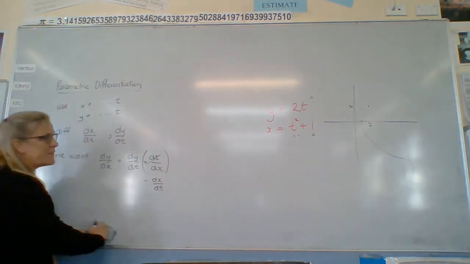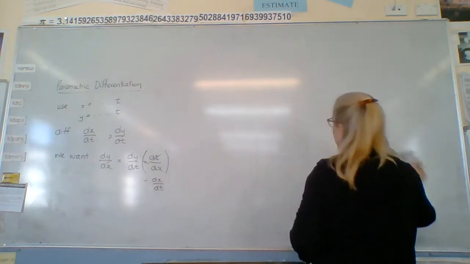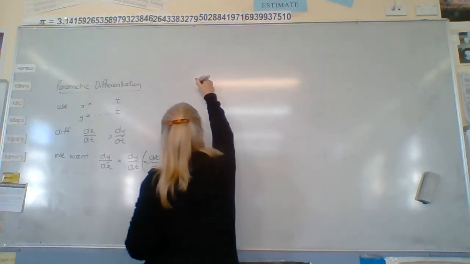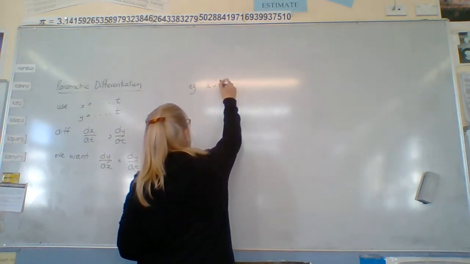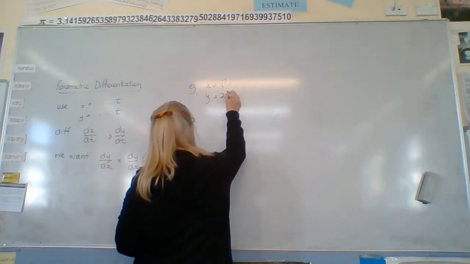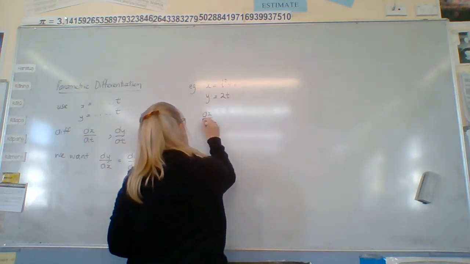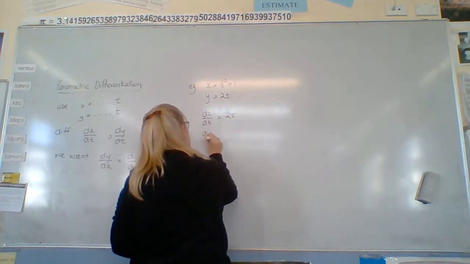All right, so let's have a look at an example. We could have done that one actually, silly me, but never mind. Let's do that one. E.g., x equals t squared plus 1, y equals 2t. So dx by dt equals 2t, and dy by dt is 2.